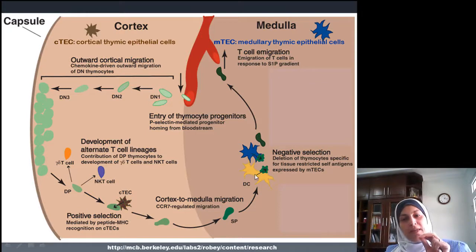If the T cell has the ability to recognize and interact with these self-antigens, it will be eliminated. It will not be selected. So only T cells that first were positively selected because they can recognize and interact with self-MHC, were selected again because they cannot interact with self-antigens.